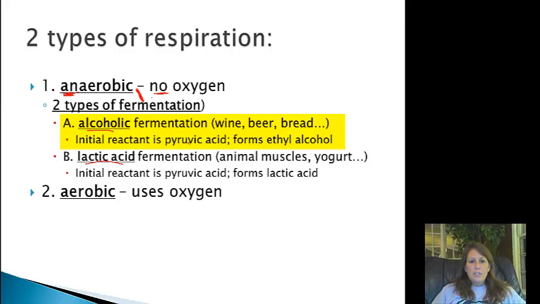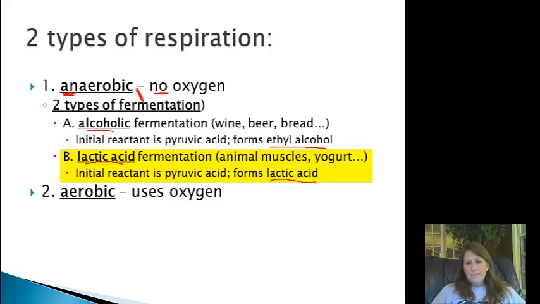Now we're going to get to in just a second what this pyruvic acid is, but the main thing is what it makes. So alcoholic fermentation is going to make a special alcohol called ethyl alcohol that you find in wine, beer, bread, etc. Lactic acid fermentation obviously is going to make lactic acid, and we feel this if we have a workout.